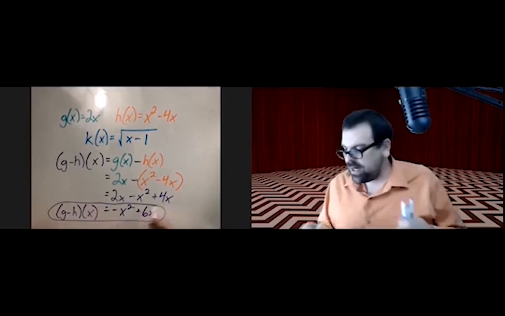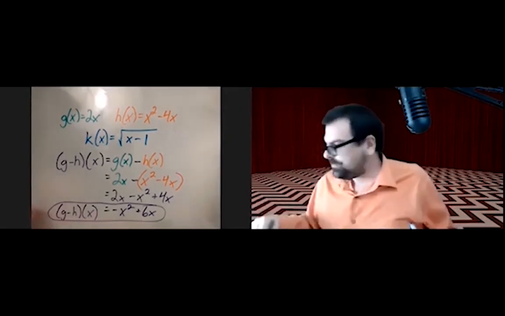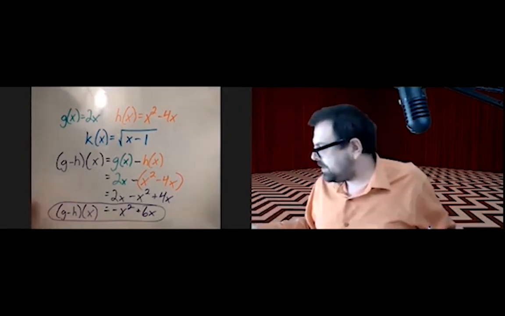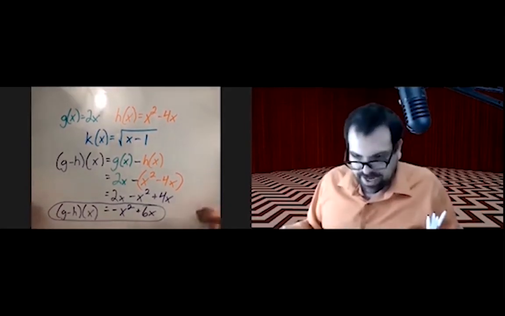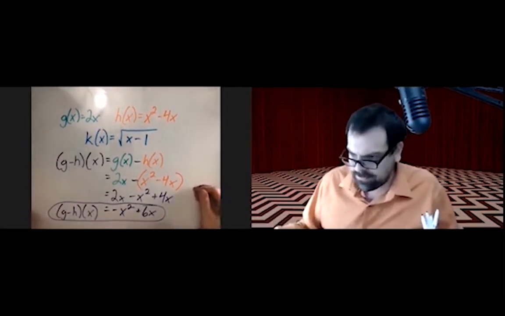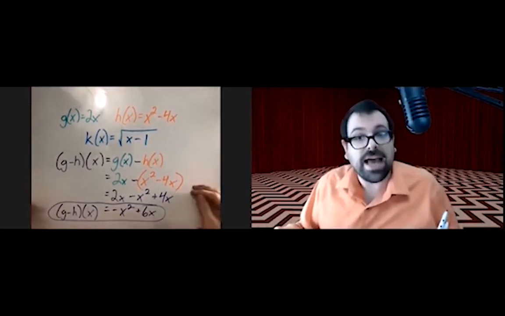Now we also need to write the domain in interval notation. And the rule is going to be that we take the intersection of the domains that we started with. What does that mean? It means the overlap.